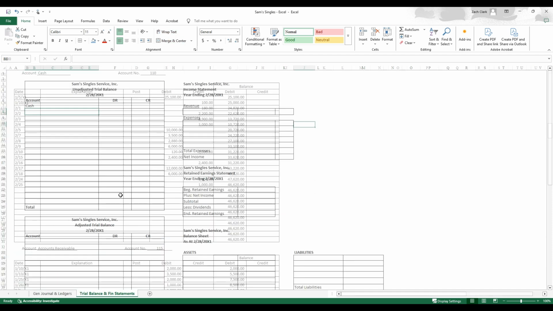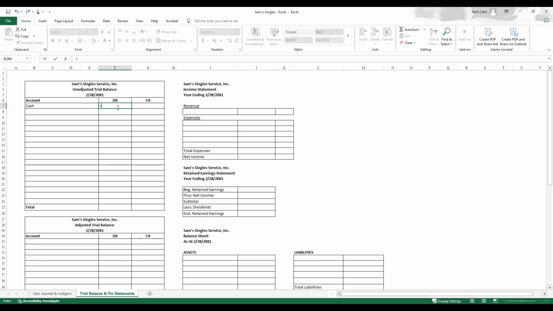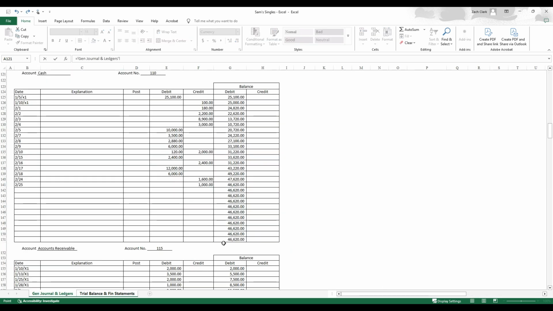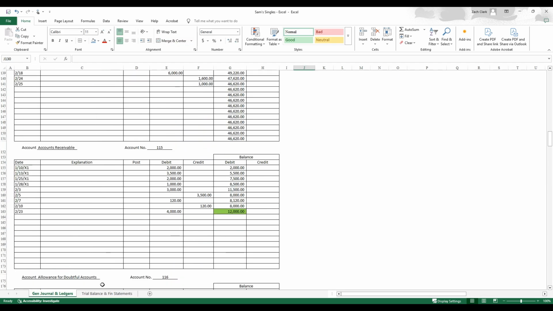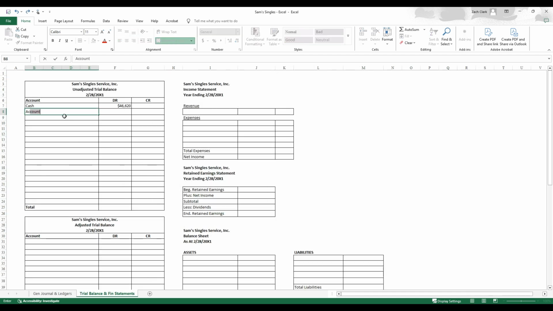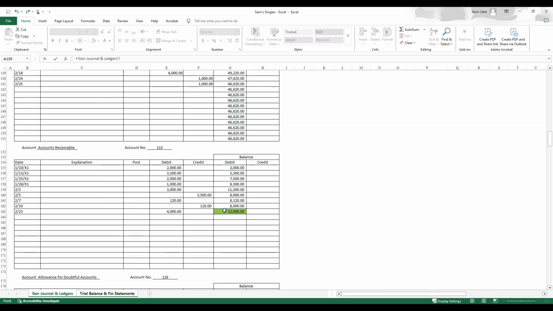So cash, we can link the balances. So 46,620. Okay, that's great. We have accounts receivable, our next account. And the total there is 12,000.